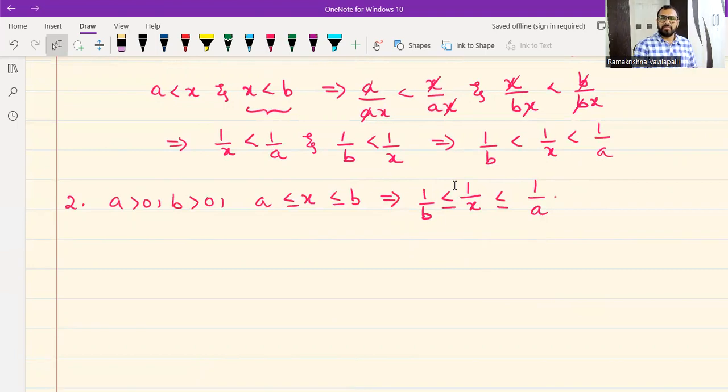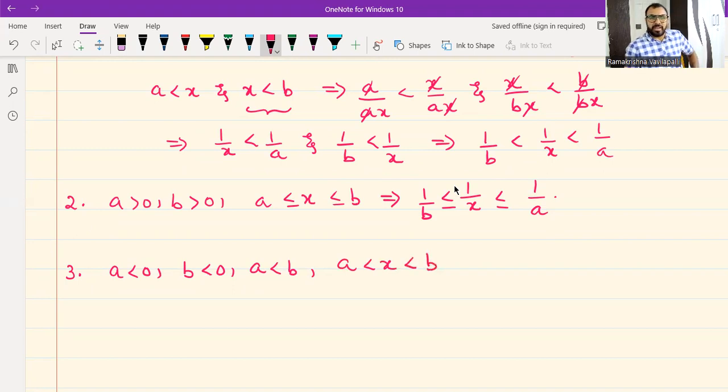What will happen when A and B are negative? You take A is less than 0, B is less than 0. Of course, in the above one also A is less than B, and A is less than X less than B. Here X is negative, A is negative, B is negative.